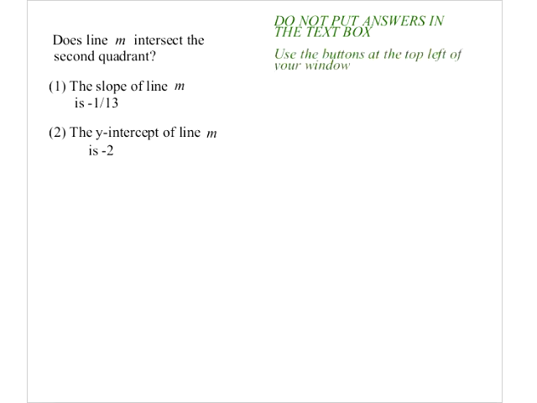So here they are. A through E multiple choices are on the top left of your window. I'll give you about a minute and a half, maybe 40 seconds. Go for it.